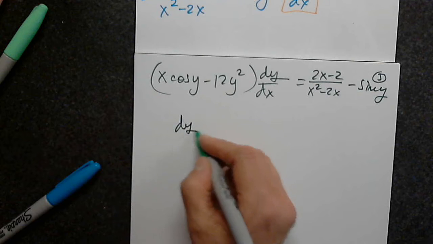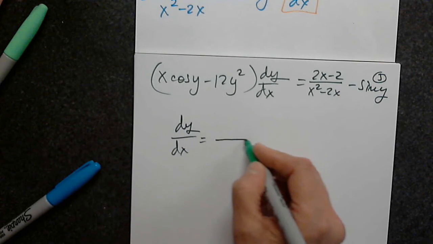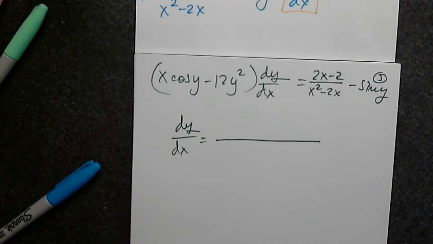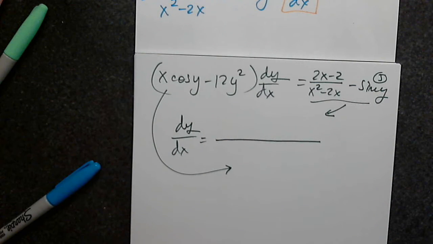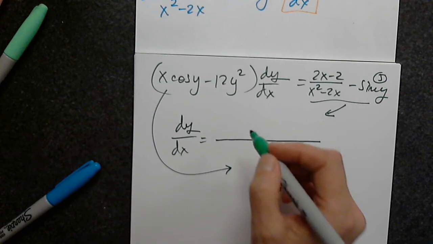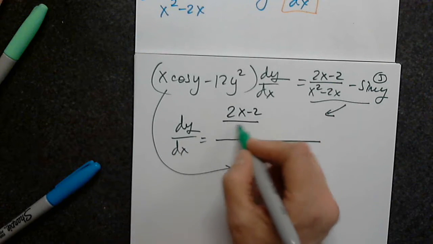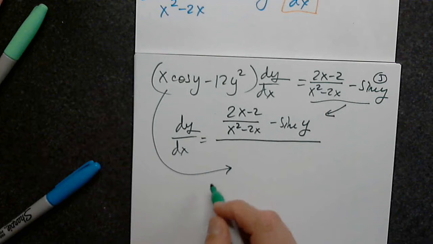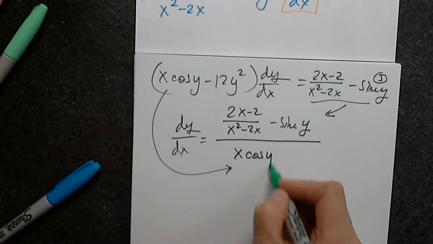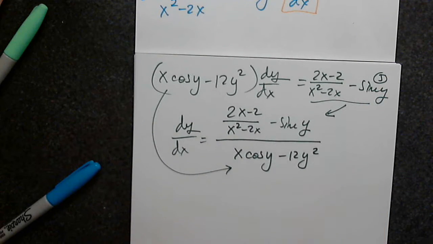So now dy over dx equals, this will be at the top, and this will be in the denominator. So 2x minus 2 over x squared minus 2x minus sine y over x cosine y minus 12y squared. And this is it.